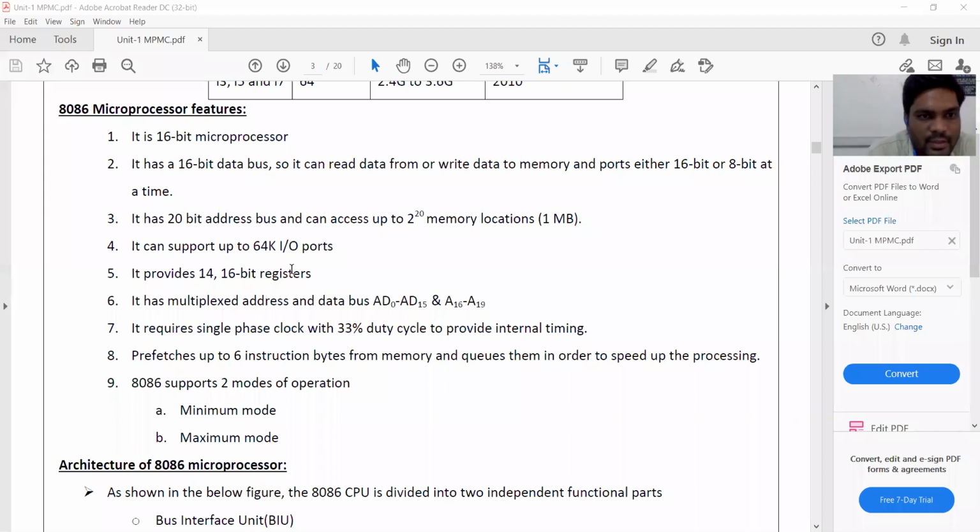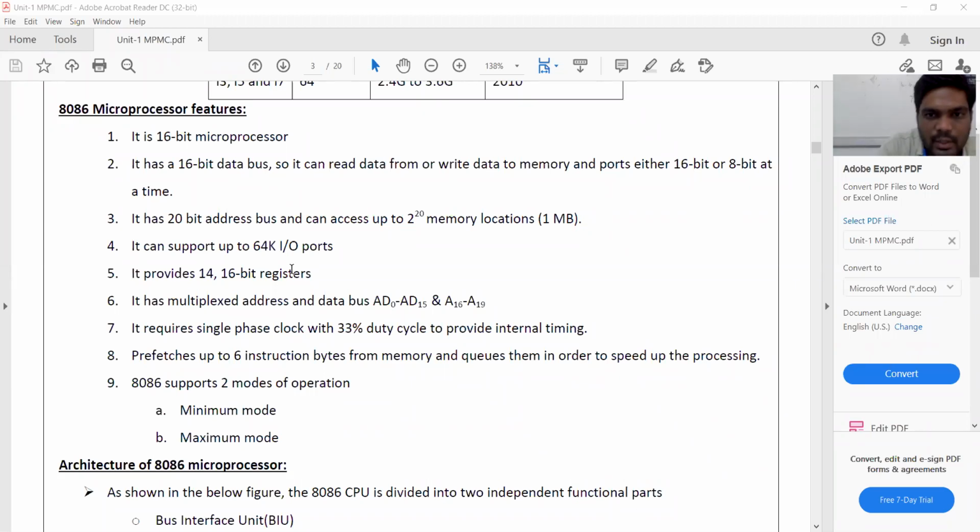It prefetches up to 6 instruction bytes from memory and queues them in order to speed up the processing. You will understand this while dealing with the architecture diagram. Fetching means getting, so prefetching means it gets the instructions before execution, up to 6 instruction bytes from memory, and queues them. Queue means standing in line, waiting for something.